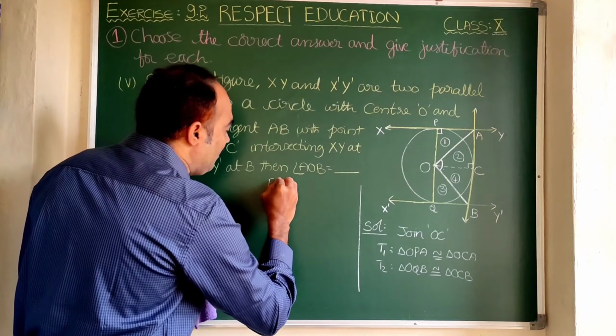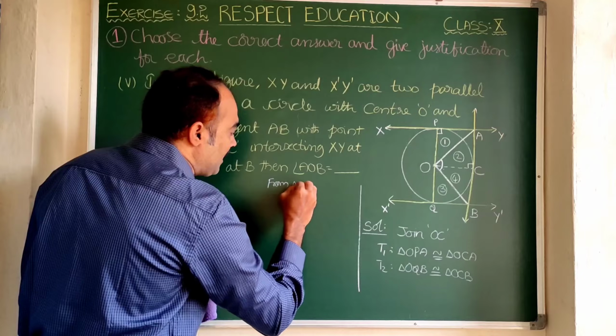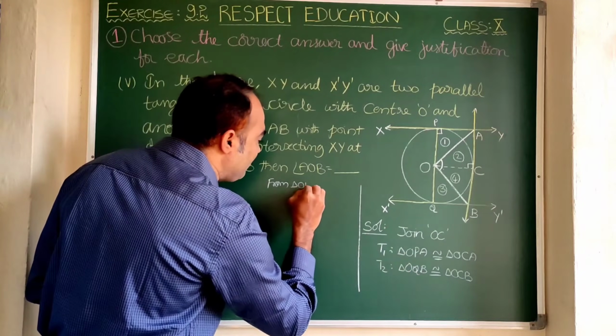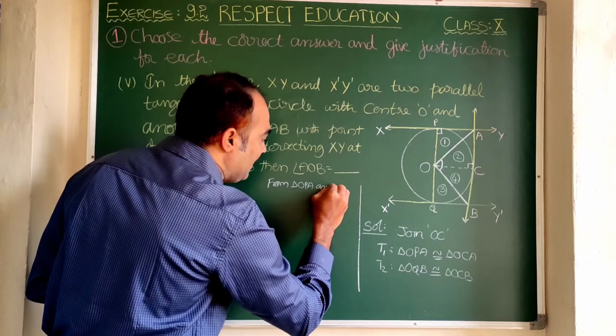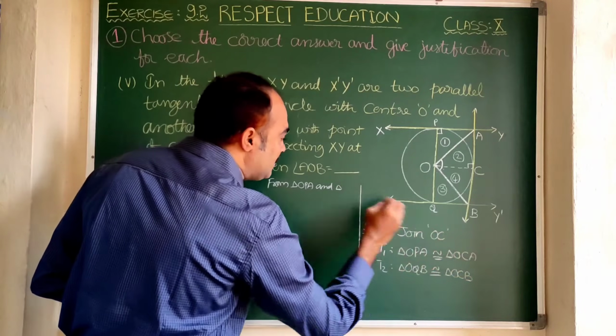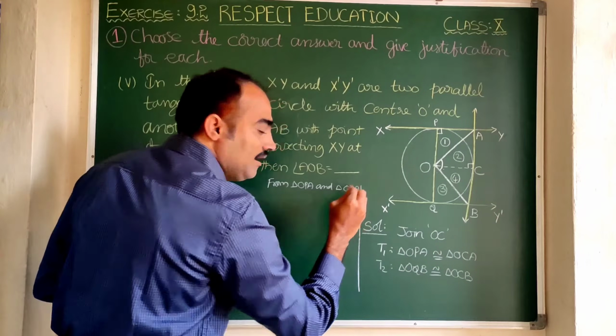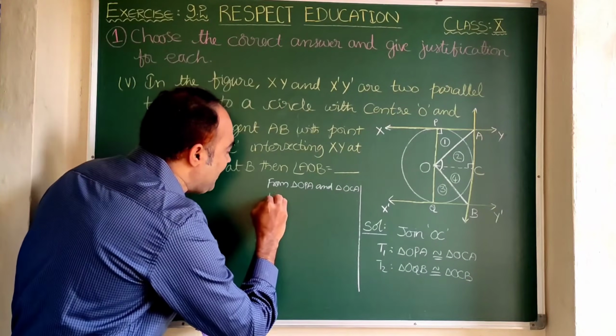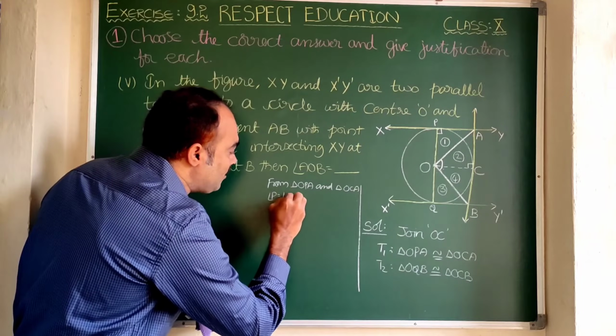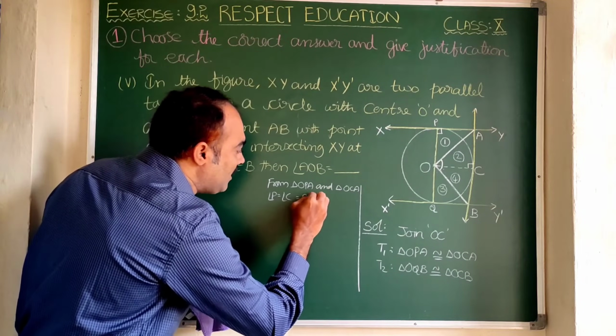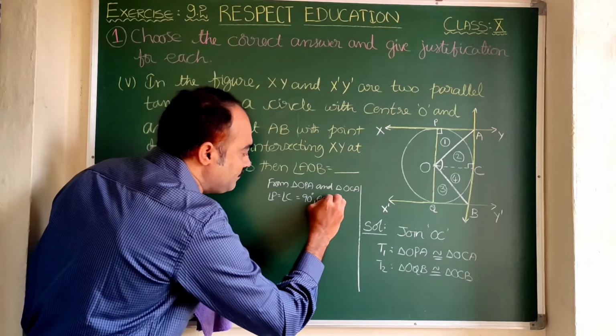So here I am writing, from triangle OPA and triangle OCA. Clear? I am writing here angle P is equal to angle C is equal to 90 degrees each.